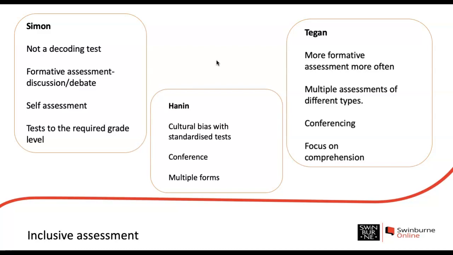I think with Hanin, we need to make sure that there's multiple forms of assessment, which is the case with all the students. We don't want all summative or all formative. We want to have a nice mixture of both. Conferencing is going to work really well with her too. That could probably go across all students for different reasons, which you'd need to justify why you've chosen it.